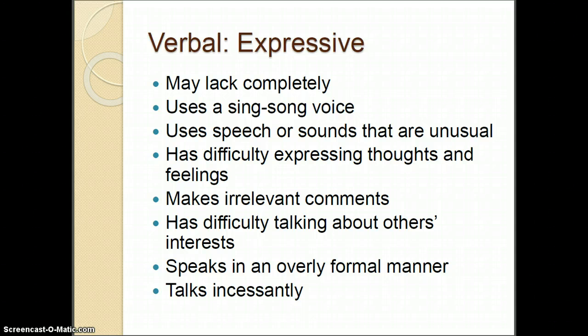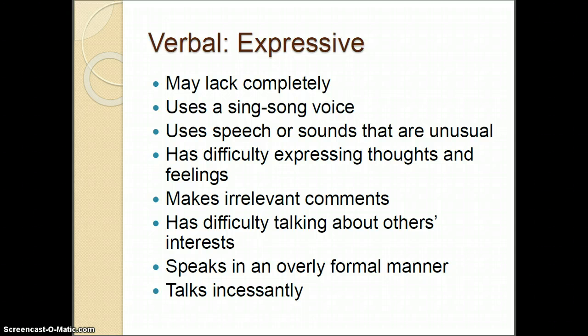And if your brain is working in a different way, you might be organizing your information in a different way. So the child might be making a comment that is relevant to them, but because we're not thinking about this topic in the same way that they are, the comment seems really irrelevant to us. So it's always important to think about that if you're working with a child with autism and it seems like they're saying things that are really coming out of the blue. Try to see it from their perspective.